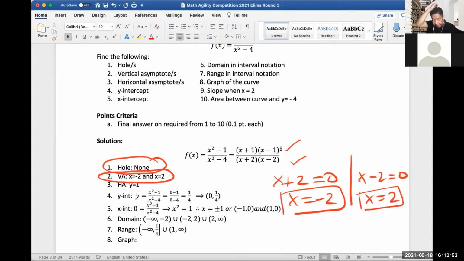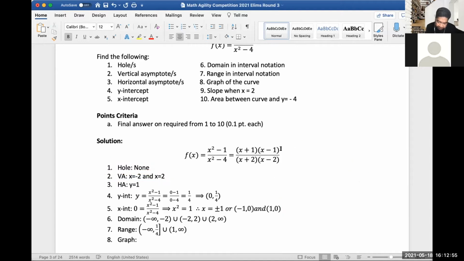So the next is the horizontal asymptote. The horizontal asymptote can be taken from the highest degree of the numerator and the denominator. So we have x squared and x squared, and since both numerical coefficients are 1, this should be 1, right? So this is your horizontal asymptote here.